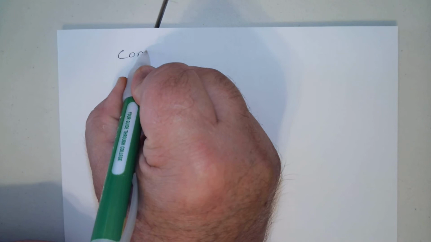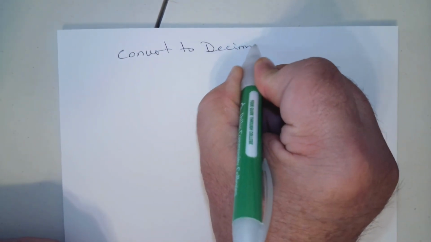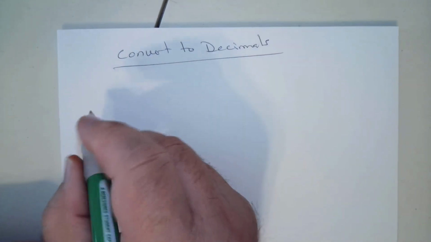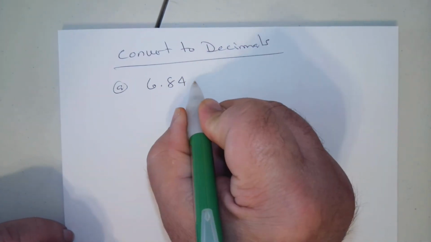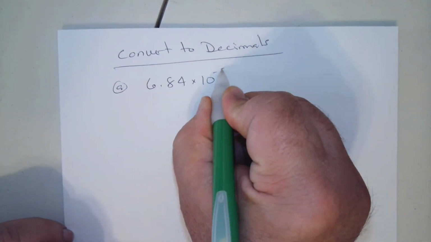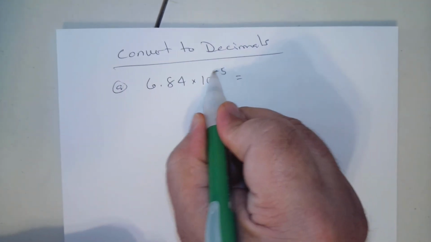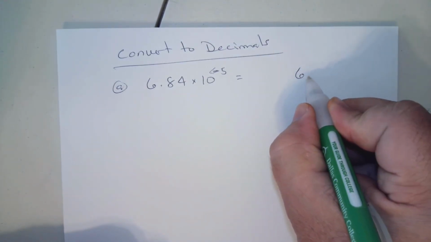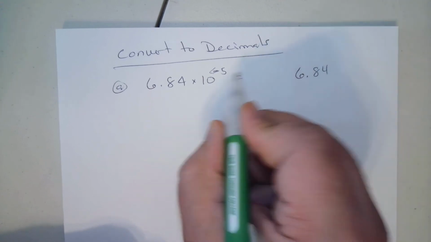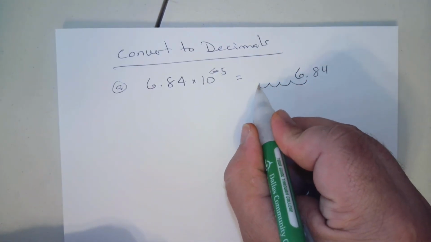Let's convert to decimals. 6.84 times 10 to the negative 5. Since it's negative, I have to go to the left. So I have 6.84. I have to move 5 spaces to the left. 1, 2, 3, 4, 5.